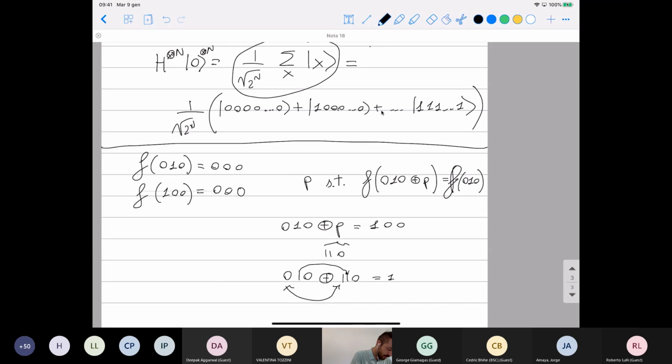This with this one, you get 0. This with this one, you get 0. So you get it, and it is P. So P is 1, 1, 0.